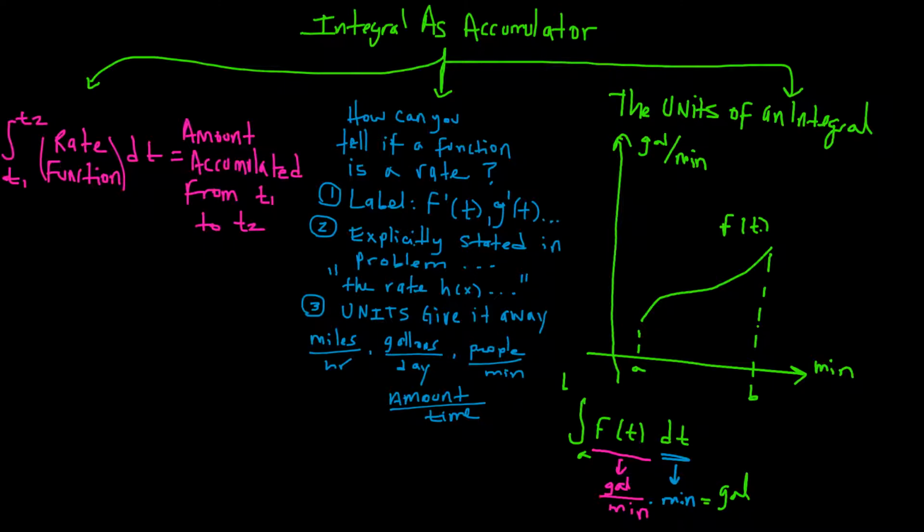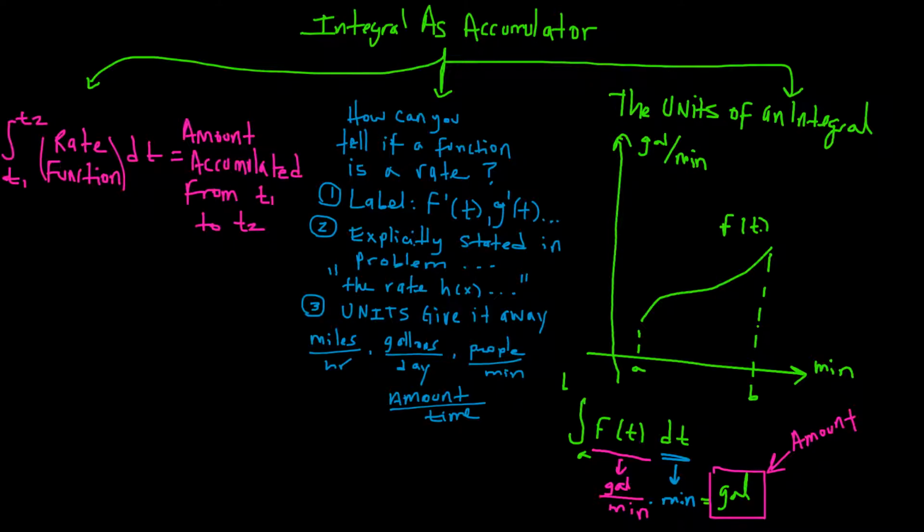And those gallons, when you think about it, isn't that an amount? It definitely is an amount. So you can see then that if you integrate the rate, just by doing dimensional analysis, by looking at the units, you get an amount, a number of gallons. You know something is an amount when it answers the question, how many? How many gallons? That makes it an amount.